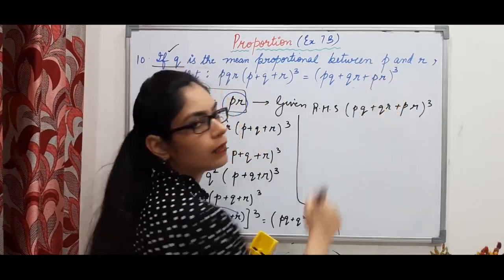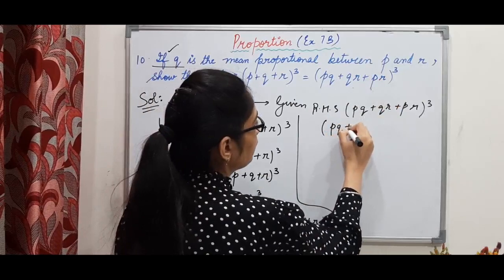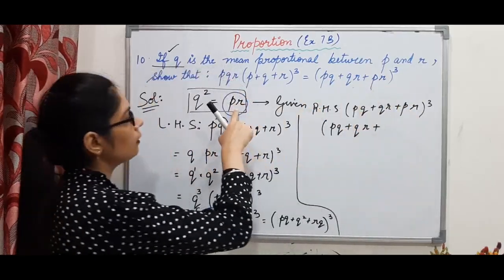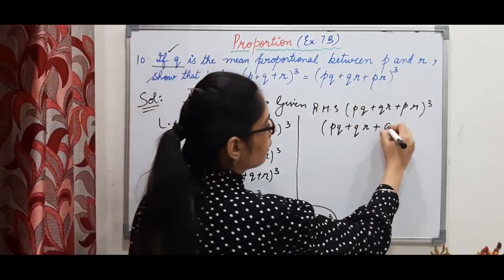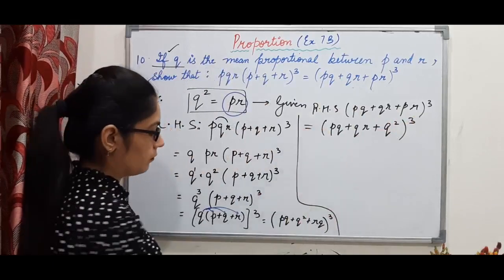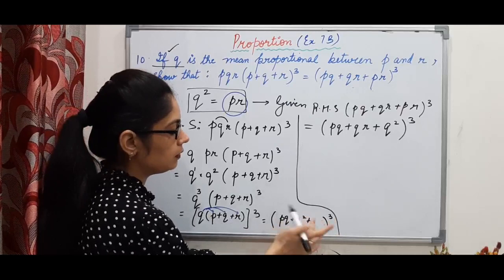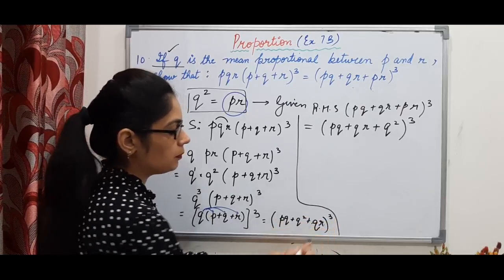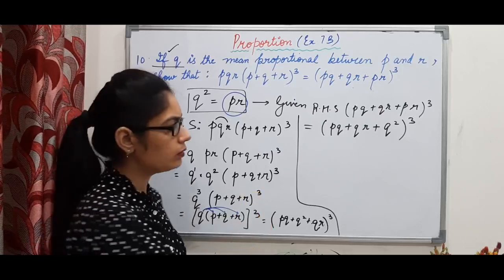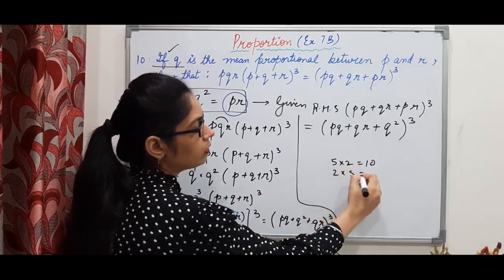Here see the third term, it is PR. So PQ plus QR plus PR. See, PR is equal to Q square, whole cube. See, PQ, PQ, RQ means QR, same thing. Because when we multiply two terms, like 5 into 2, it is 10 and 2 into 5 is also 10.